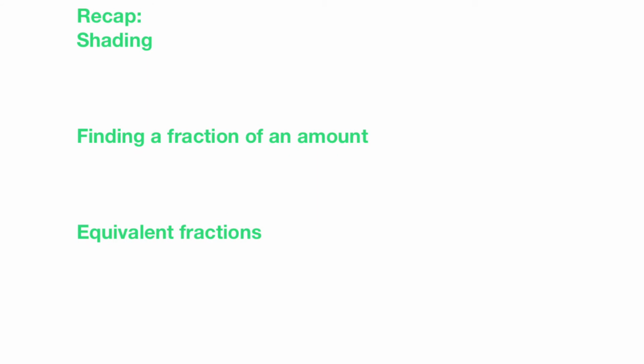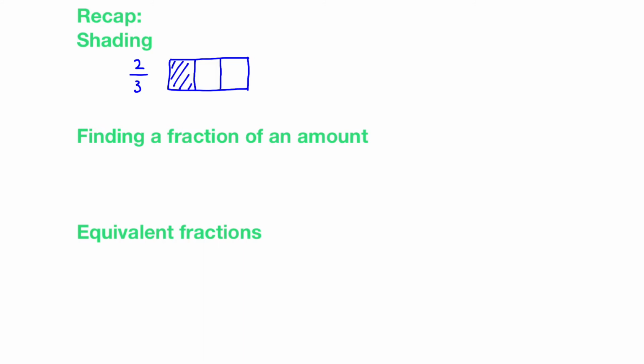So first of all, shading. When we're shading fractions, for example, if we've got 2/3, then what that means is our shape, whatever shape it is, excuse the rubbishy drawing here, has to be split into 3 equal parts, because the denominator, that's the number on the bottom of the fraction, tells you how many to split your shape into, and then the top number tells you how many to choose.